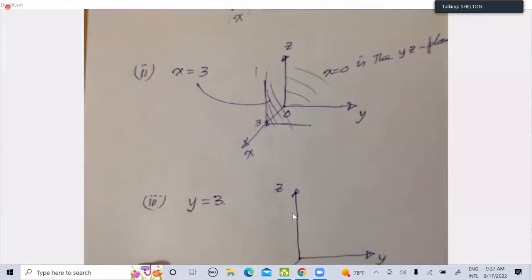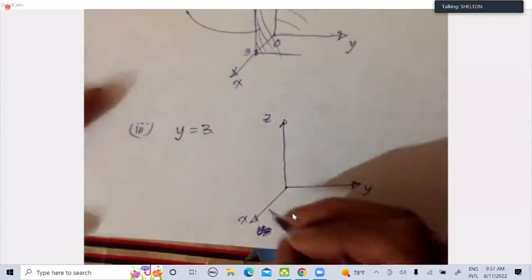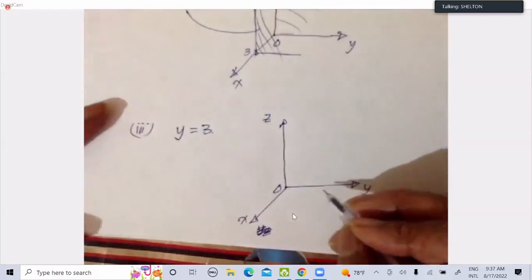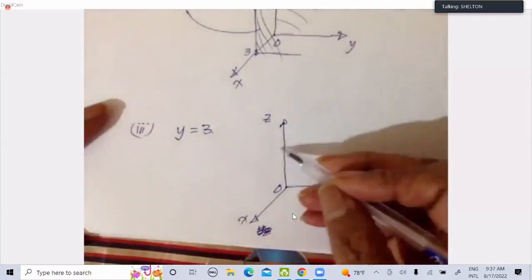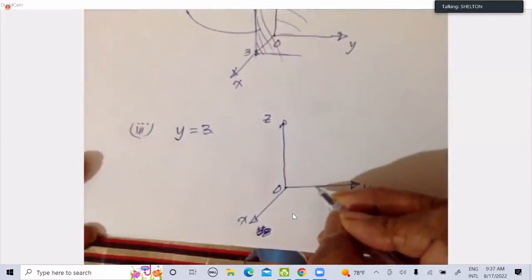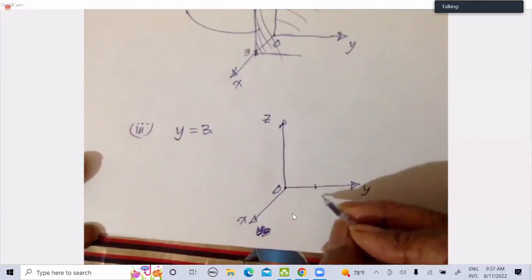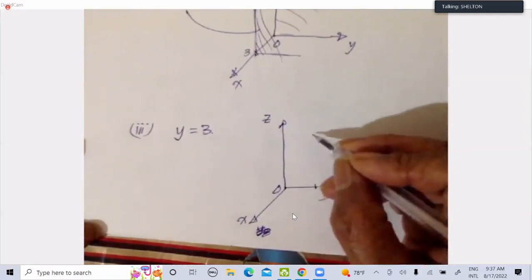Y equals 3. How do you plot it? Y equals 0 is the XZ plane. So y equals 3: push it forward along the Y direction by 3 units.